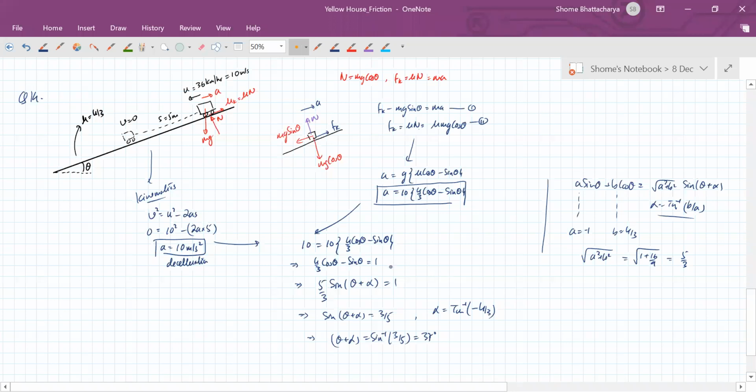And here you can see that we have done the substitution such that cos alpha is 4 by 5 and sine alpha is minus 3 by 5.